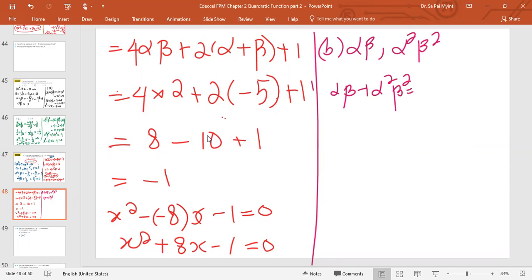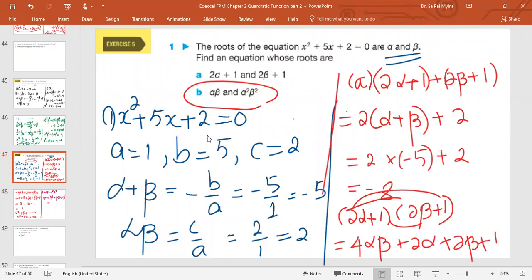What do you get? You get alpha, beta outside. What do you get? 1 plus alpha, beta. Alpha, beta you have found here is 2, and alpha plus beta is minus 5.